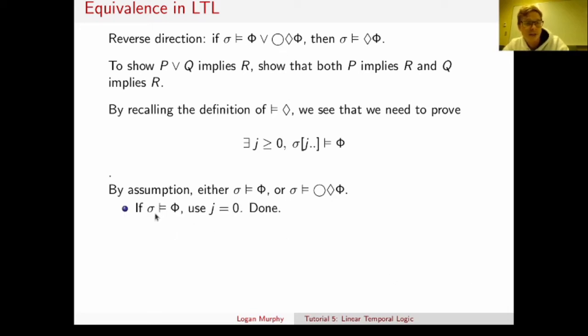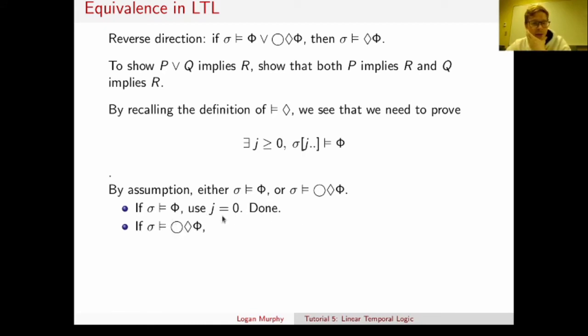If it's the first case and sigma satisfies phi, well, of course we can prove that sigma satisfies eventually phi. The J is just going to be 0, right? I can say that sigma satisfies eventually phi if sigma satisfies phi right now. So if it's the first case, we just use J equals 0, and we're done.